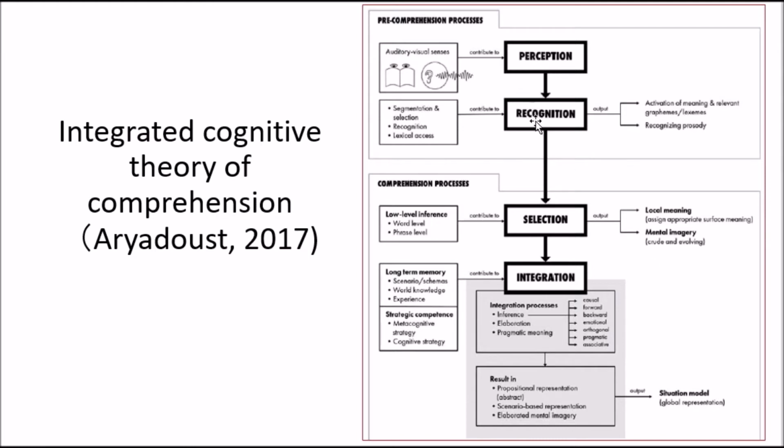Perception and recognition constitute the pre-comprehension process. On the other hand, selection and integration, or construction and integration, construction being another word for selection, constitute the comprehension process. Now I would like to talk about these stages in some detail, but for further information I would like to invite you to read the paper itself.